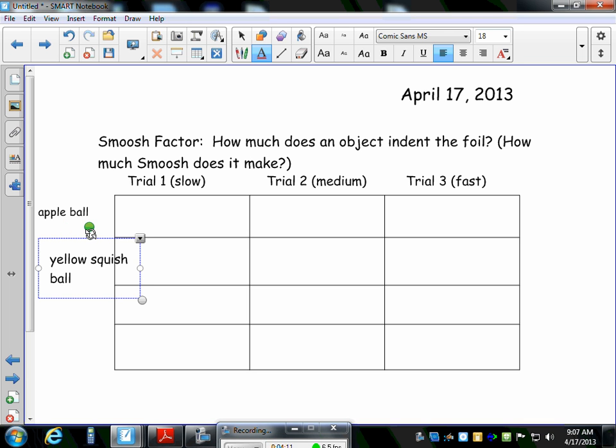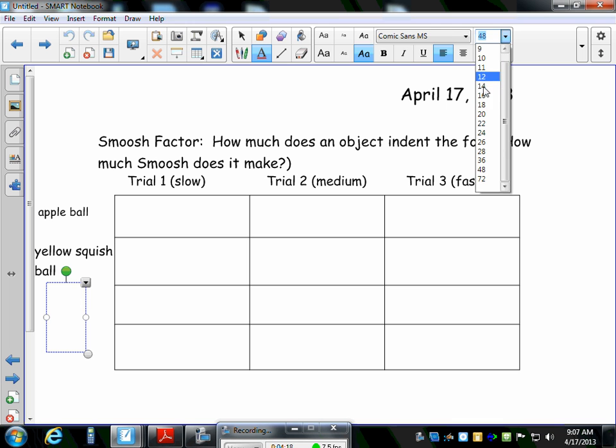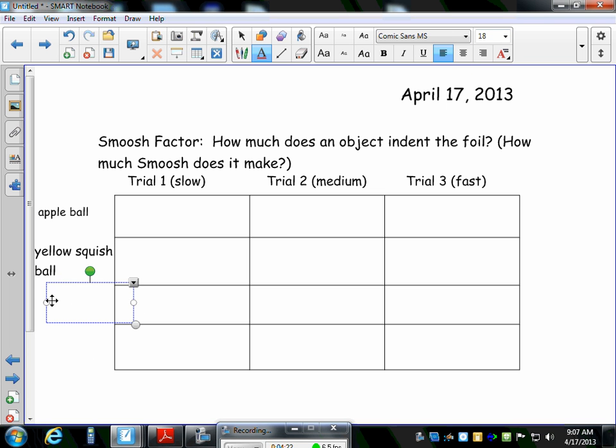The next one is going to be a softball. And the final one is going to be a paperweight.